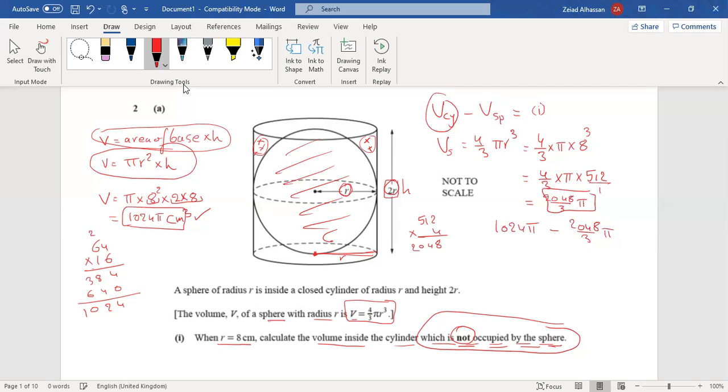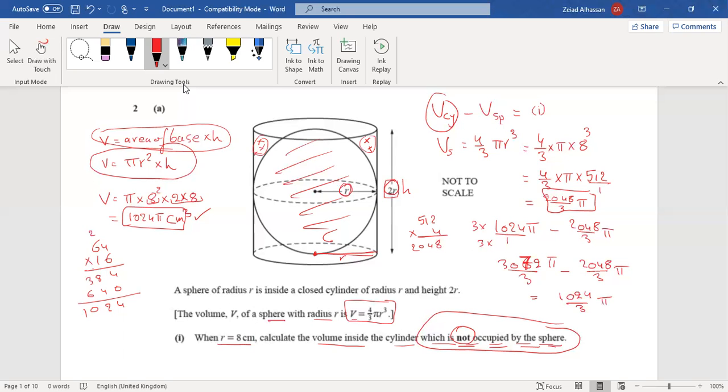To subtract we need a common denominator, multiplying by 3, so 3072 over 3 pi minus 2048 over 3 pi. When we subtract we get 1024 over 3 pi. So this is the answer.